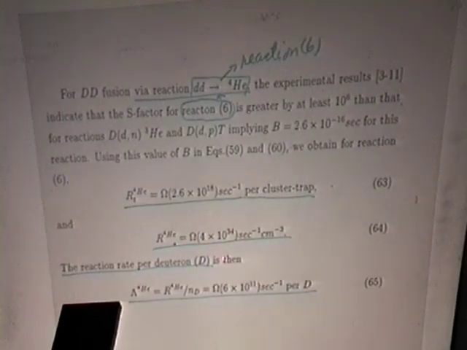The fact that this is a large number is encouraging. And if you ask what is the reaction rate per deuterium, since I would like to compare with Fleischmann-Pons and everyone else, then you can get this kind of number.